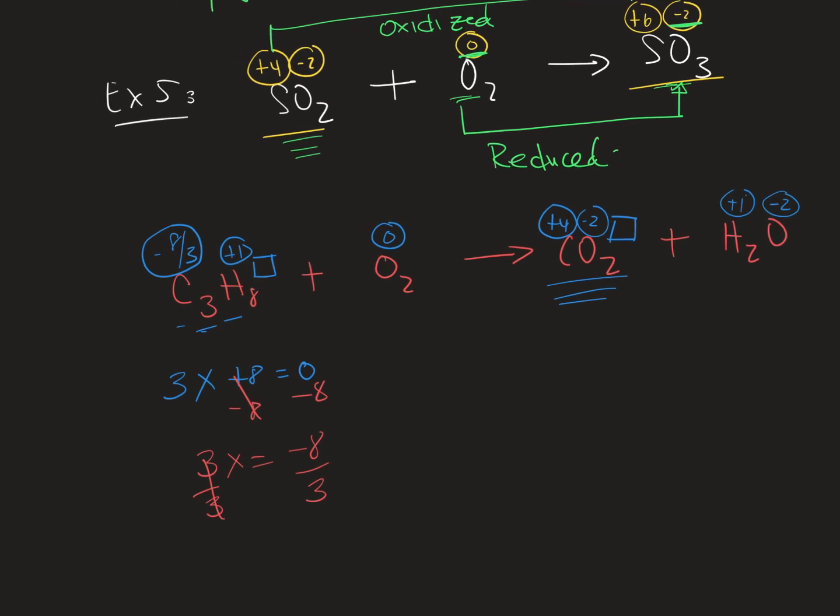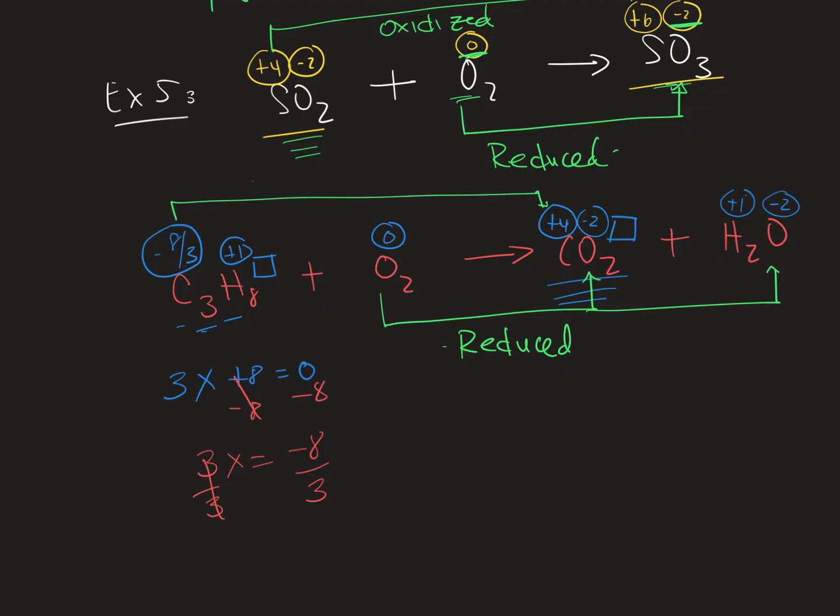Now let's determine which one is reduced. Which one lowers in charge? Oxygen goes from 0 to -2 right there or right there. Doesn't matter. You don't have to do both, just one of them. So that is reduced. And carbon, what happens to carbon? It goes up.